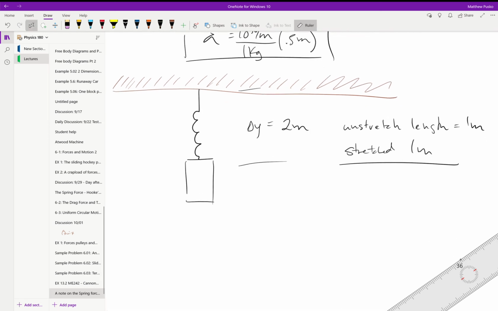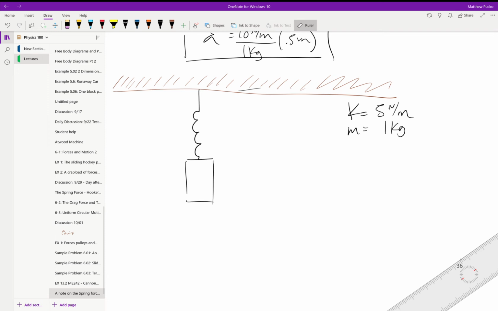What if they didn't tell us how much it was stretched? What if they said the spring constant is equal to, let's say, 5 newtons per meter, and the mass is equal to 1 kilogram?